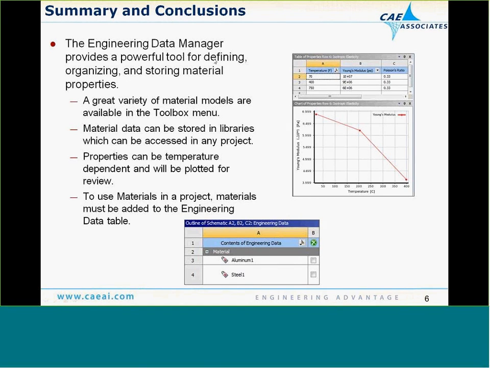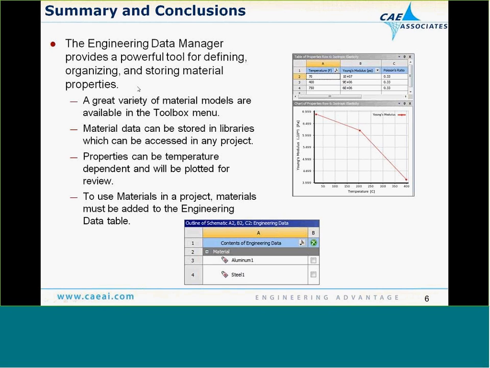In summary, the Engineering Data Manager provides a powerful tool for defining, organizing, and storing your properties. A variety of different material models are available in the toolbox on the left side, so you can add those to your property table. Material data can be stored in libraries.